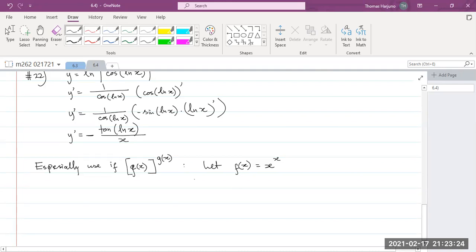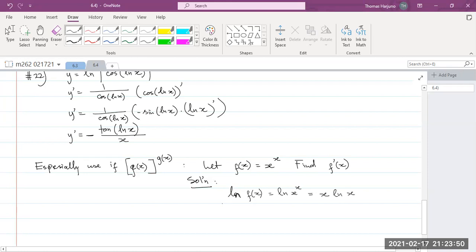The way we do it is you apply log first. Natural log of f(x) equals natural log of x to the x, which gives us x natural log of x.